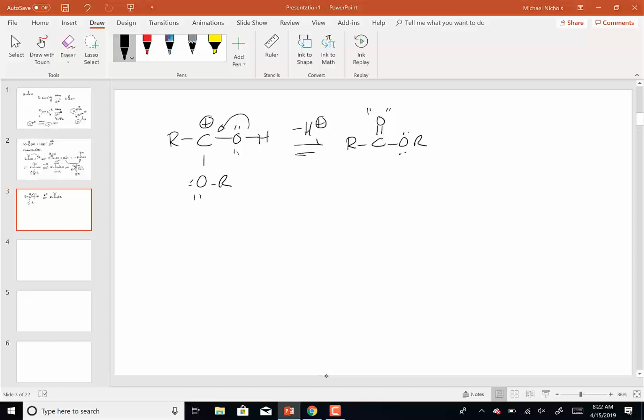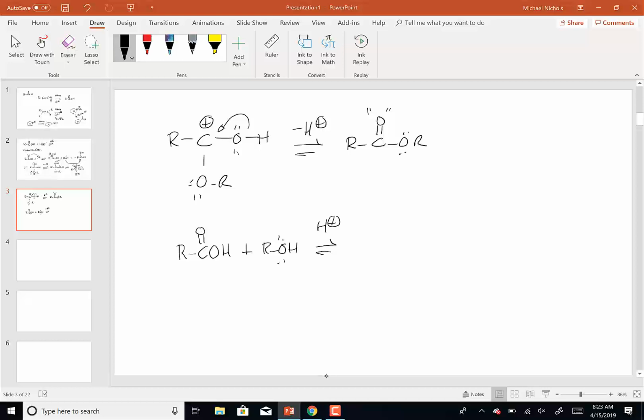Now, what people did mechanistically to determine that that was actually the case was they took a carboxylic acid and they added to it an alcohol, where oxygen comes in three isotopes. It comes in oxygen 16, which is the biggest, oxygen 17, and oxygen 18.